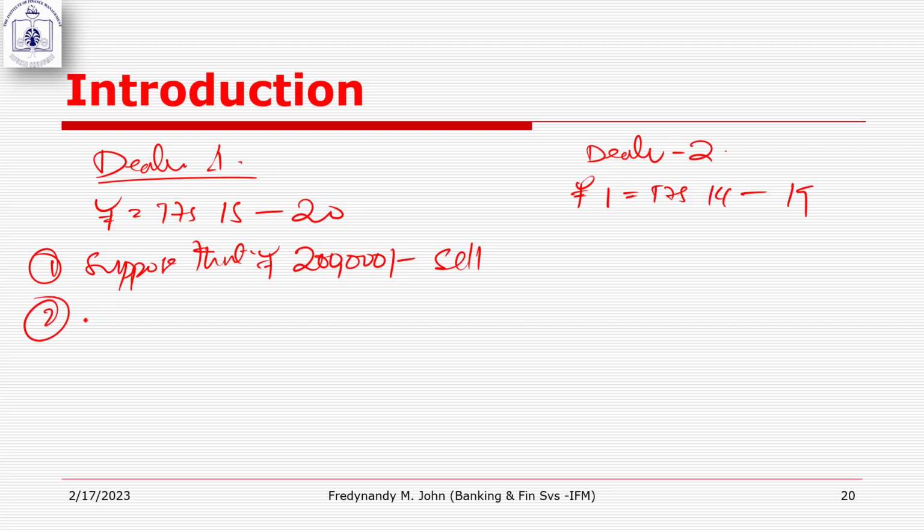Right after selling, another customer immediately wants to buy all 200,000 Japanese yen. What will be the profit that these two dealers will make?